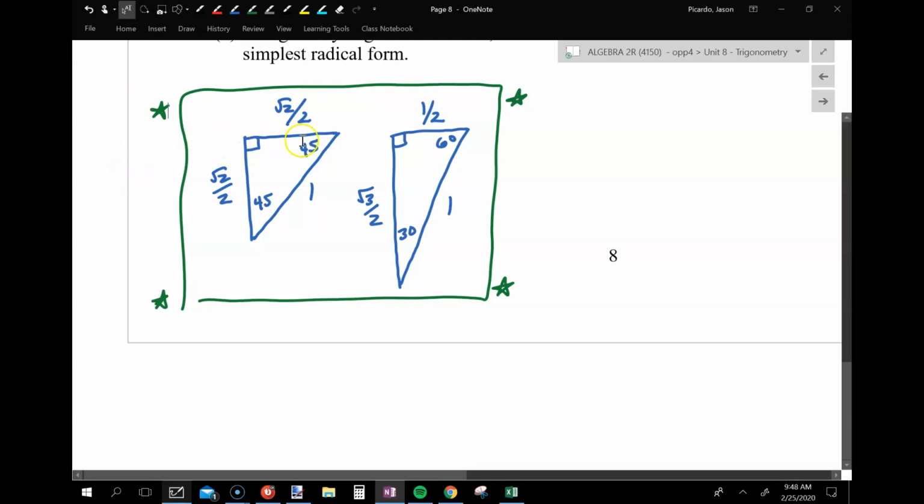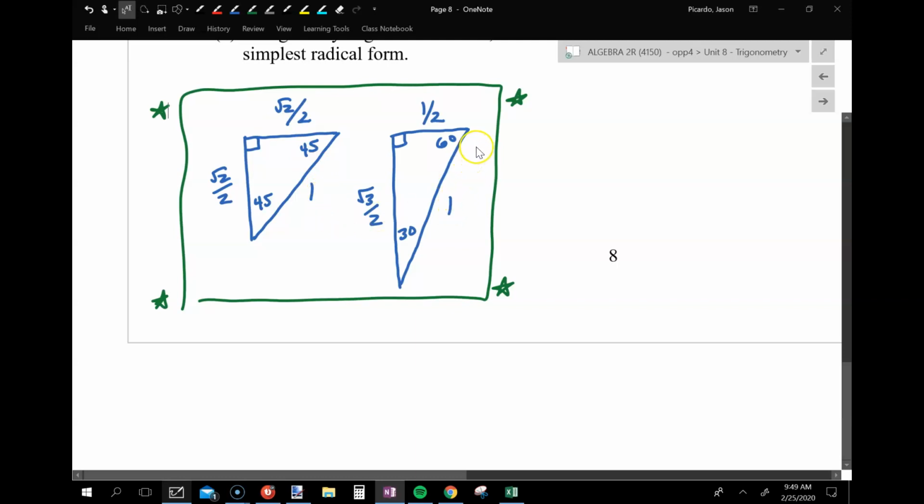Guys, ready? You have to be able to answer this question. Blake, how long is the side across from 30? 1/2. Jaden, how long is the side across from 45? Radical 2 over 2. Does it matter which one I go across from? I'm going to get the same answer both ways, right?